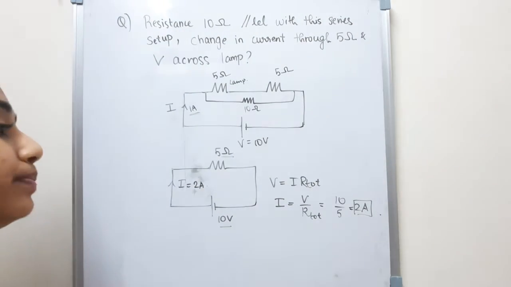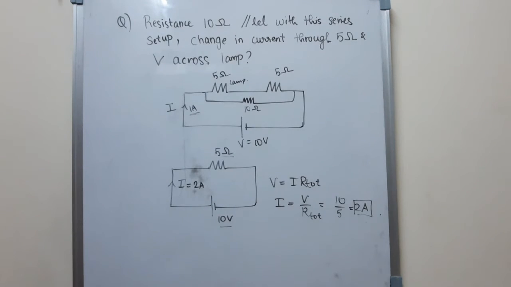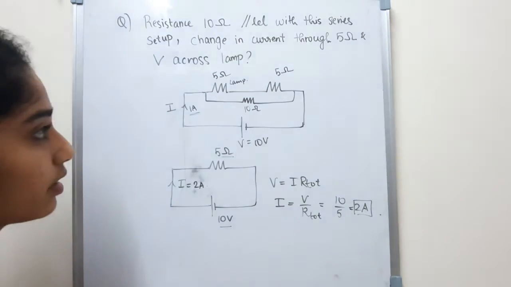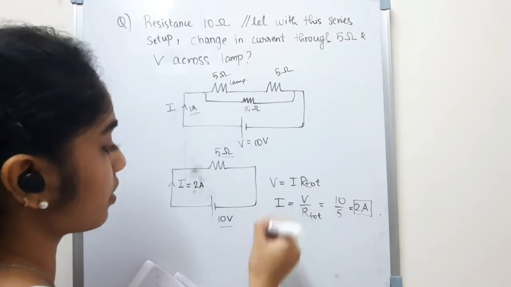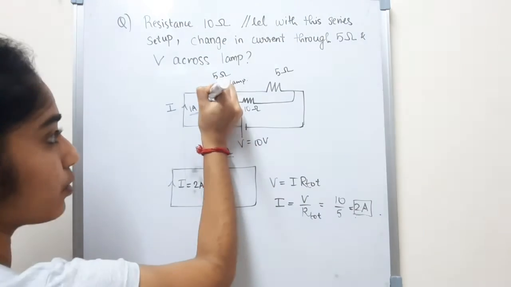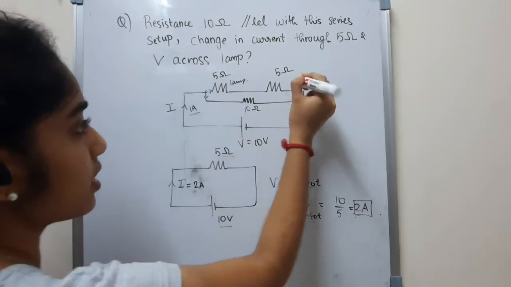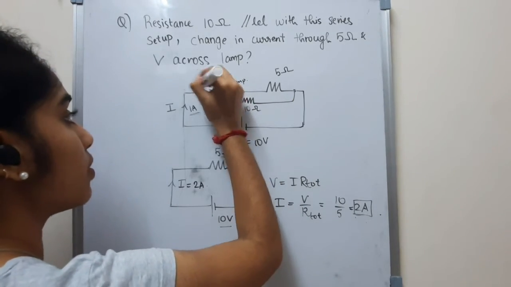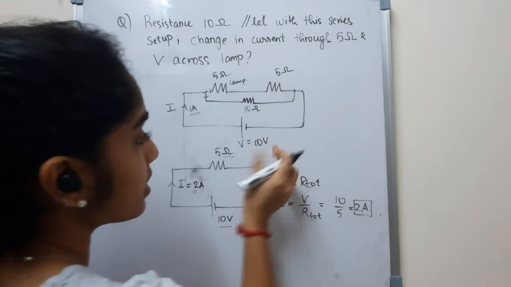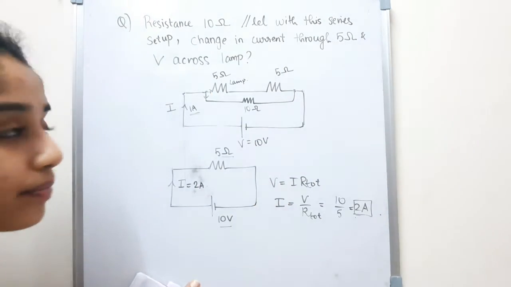Okay. Now we need to find the current through the 5 ohm resistance, right? So let's go back to the original circuit. We know that the current will split into 2, right? And the voltage across these 2 points is 10 volts. So across this and across this is the same.